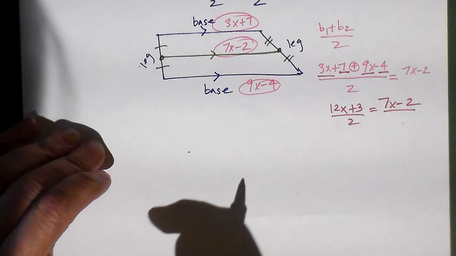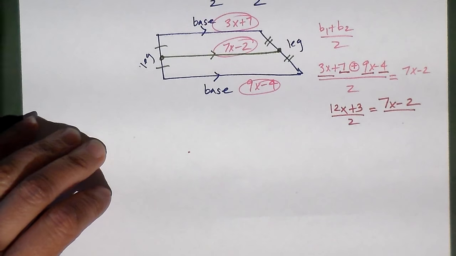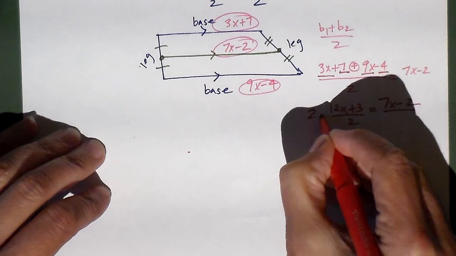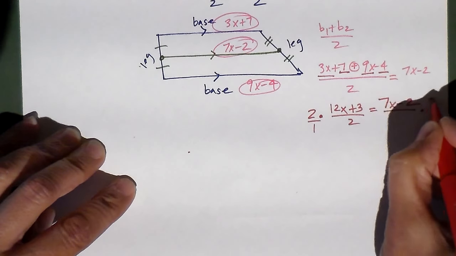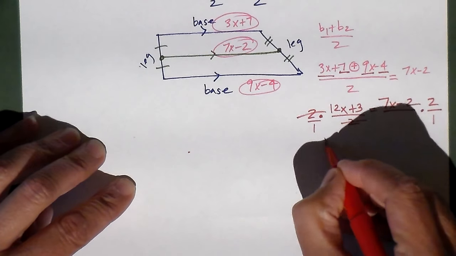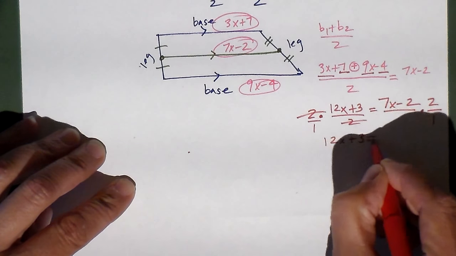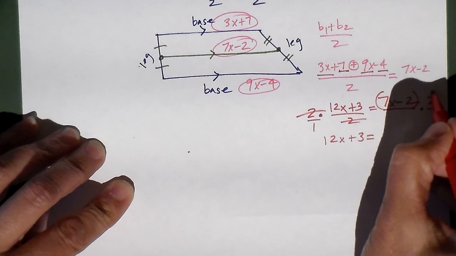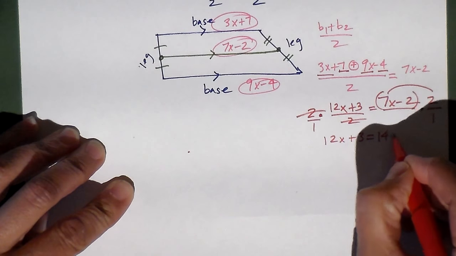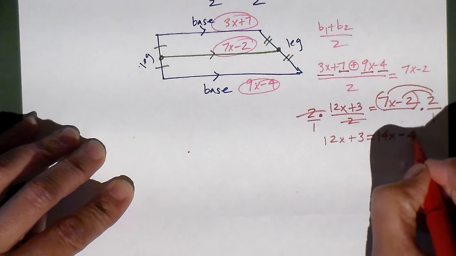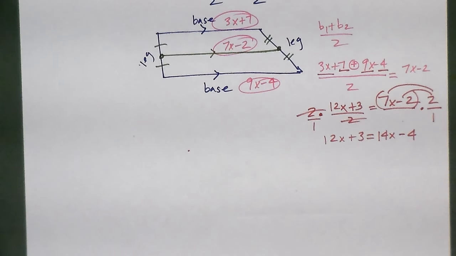We've done it both ways, but what I want to do is get rid of the 2. That's the easiest. So I'm going to multiply both sides by 2 over 1. So that cancels, and I'm left with 12x plus 3. Then I have to distribute here because I'm multiplying the whole side by 2. 2 times 7x is 14x. 2 times negative 2 is negative 4.